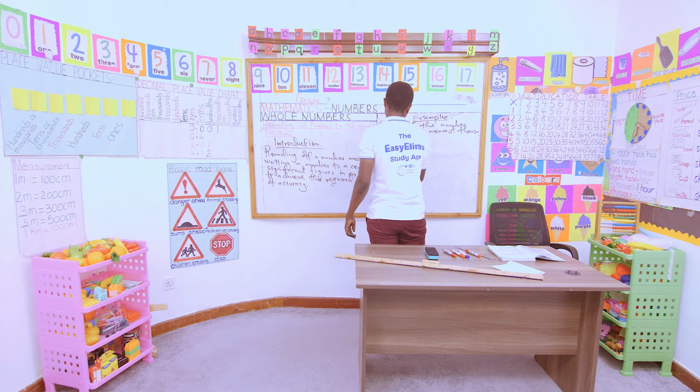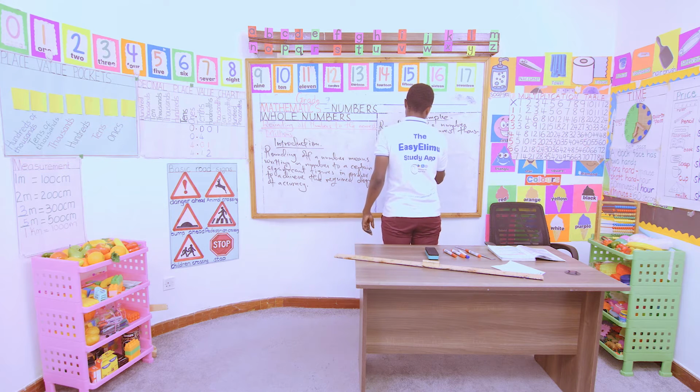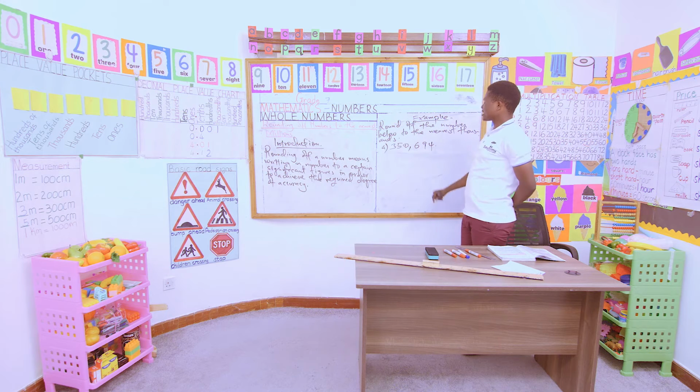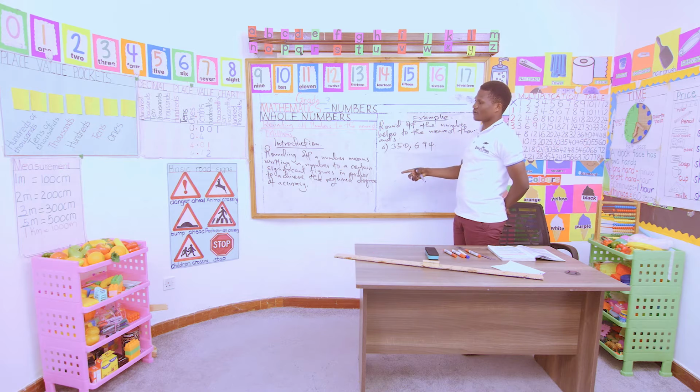And our number is, say, 350,694. And you have been asked to round off this number to the nearest thousands. So what do I call the place value of interest?